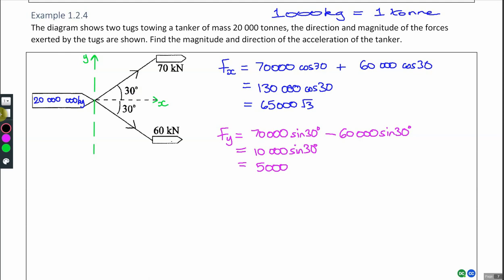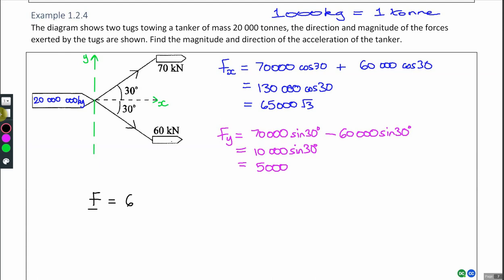So what I'm going to do now is write down the resultant force, which this time I'm going to call F. I could use any letter I like that hasn't already been used in the question, but I'm going to write it in vector form. You don't have to do it this way, but I think it's a good way of doing it. So i and j are the unit vectors in the x and y directions respectively.